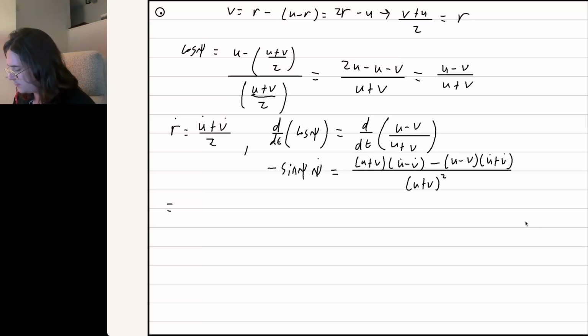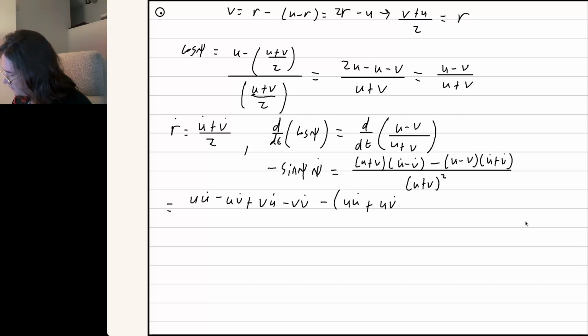On the top, it'll be u dot minus v dot plus v u dot minus v v dot, and then minus all of this stuff, which is going to be u dot plus v dot minus v u dot minus v v dot, over u plus v squared. We are going to have some cancellation, which is lovely.